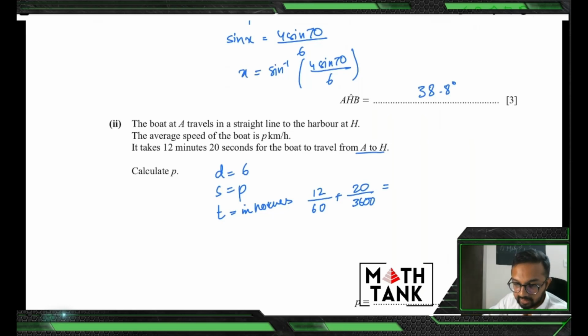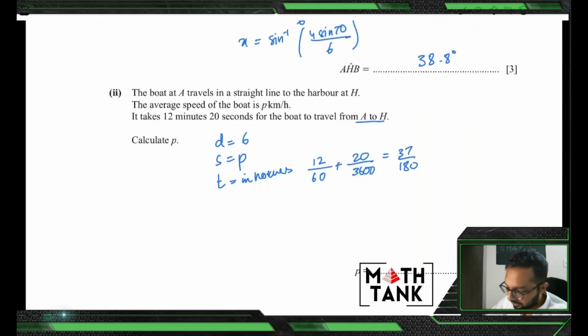So 12 divided by 60 plus 20 divided by 3600. Okay, that's 37 over 180. I'm just writing exact values just to be sure.